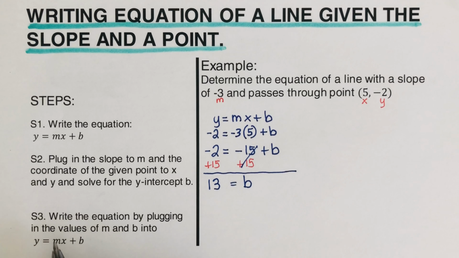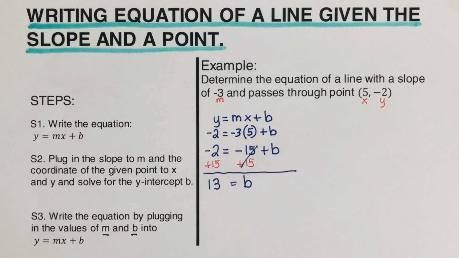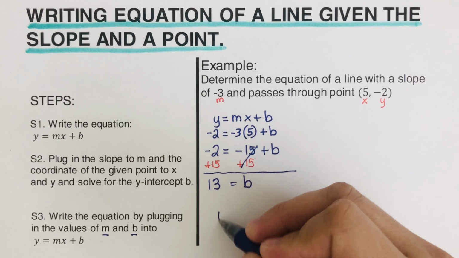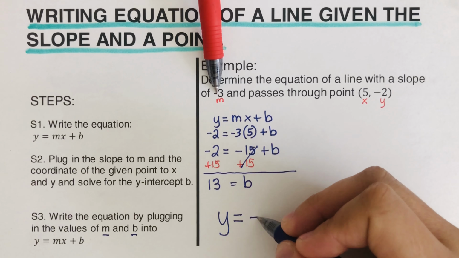So the third step, which is the final step, is to write the equation by plugging the values of m and b into y equals mx plus b. So we can write the final equation as y equals, again, we plug in the m and the b only. Our m is -3, so I'm going to write -3.